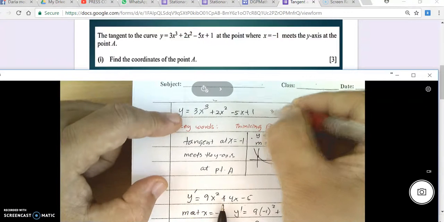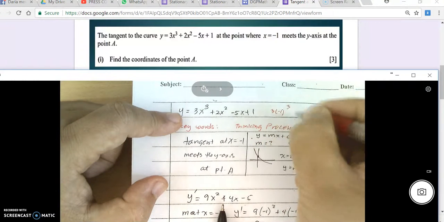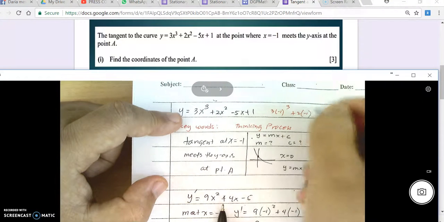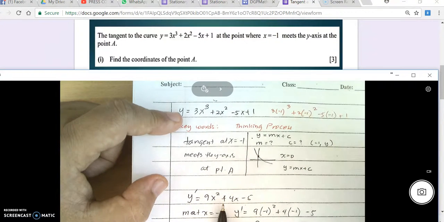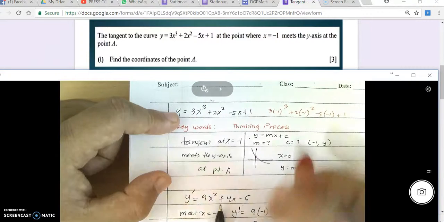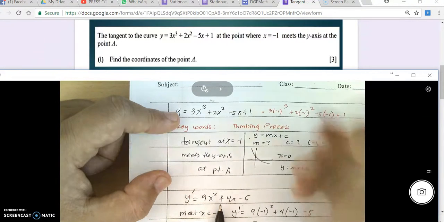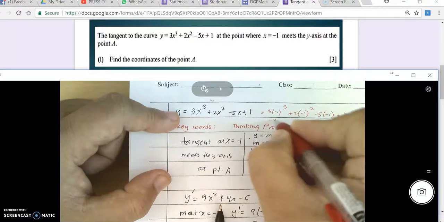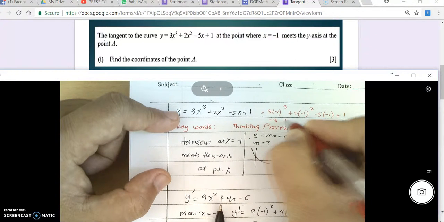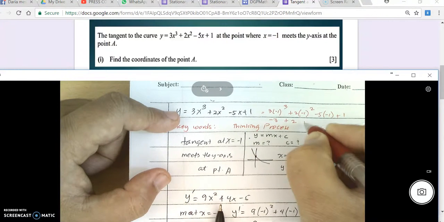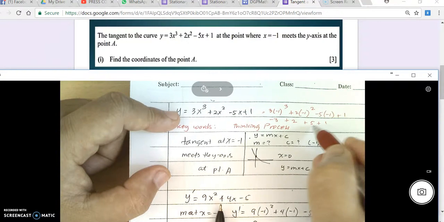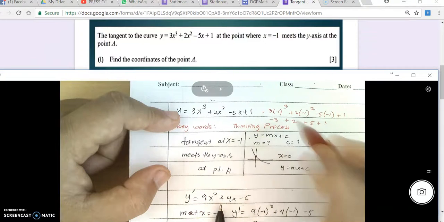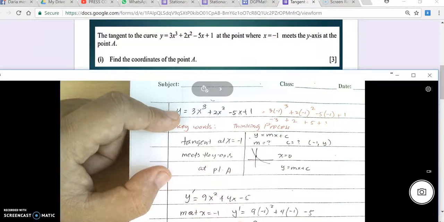That's going to be 3 times -1 cubed plus 2 times -1 squared minus 5 times -1 plus 1. So this is -3, this is +2, this is +5, this is +1. So 5, 6, 7, 8 minus 3. So y is equal to 5.